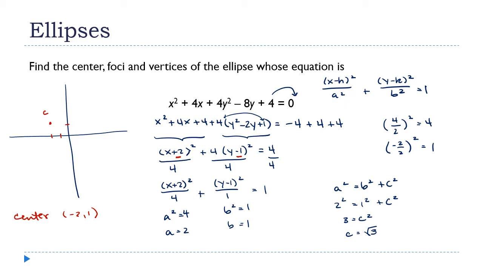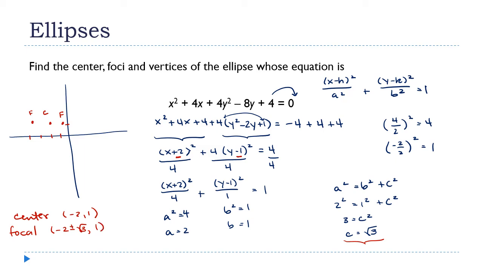Well, to get to the focal points, I go C units in either direction. So I'm going to go square root of 3, that's about 1.7, so I'm going to end up here and here. I'm just going to leave the square root in there. We're not really trying to graph them, so there's no reason not to keep those. It's going to be -2 plus or minus the square root of 3, 1.